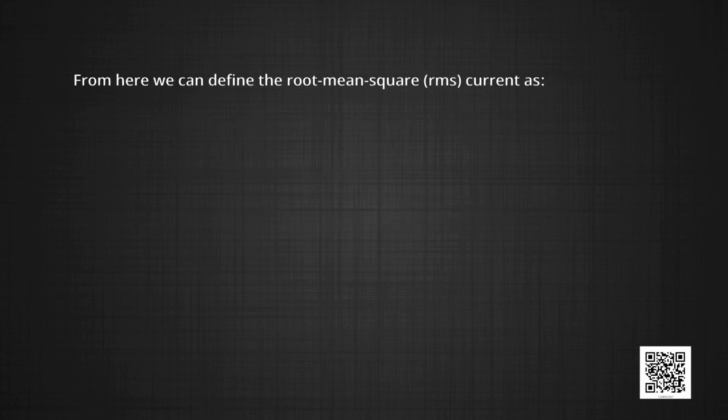From here we can define the root mean square, or RMS, current as I_RMS is equal to under root I squared, which is I divided by under root 2.